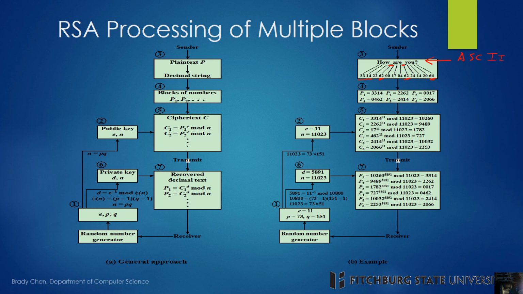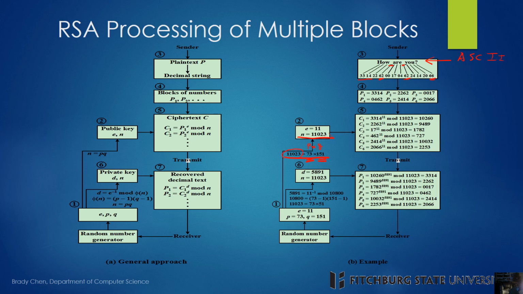So we got each of the numbers. Now let's pick the value n and the two keys. The number n we pick is 11,023, which is the multiplication of two prime numbers, 73 and 151, that's p and q.